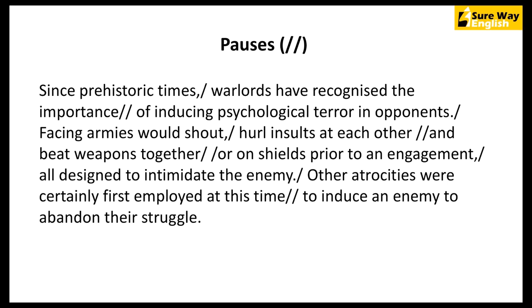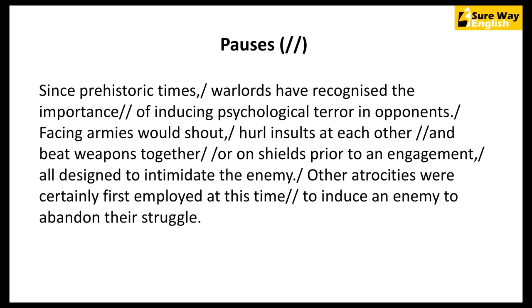Now there are a number of ways in which you can chunk a sentence into smaller parts. So there's no hard and fast rule. For example, I've put a double slash after importance. So that means the chunk "warlords have recognized the importance" I'm going to read in one go.